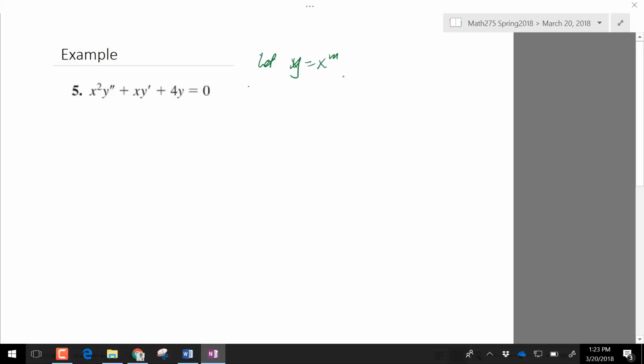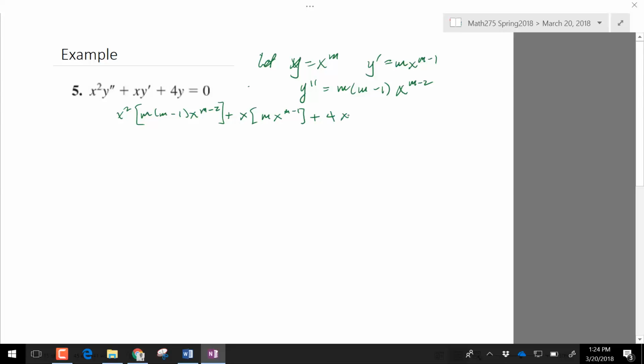And we'll need a couple of derivatives to get there. y prime is equal to m x to the m minus 1, and y double prime is equal to m times m minus 1 times x to the m minus 2. So you can put that in there, and then we get x squared times m times m minus 1 times x to the m minus 2, plus x times m x to the m minus 1, plus 4 times x to the m.